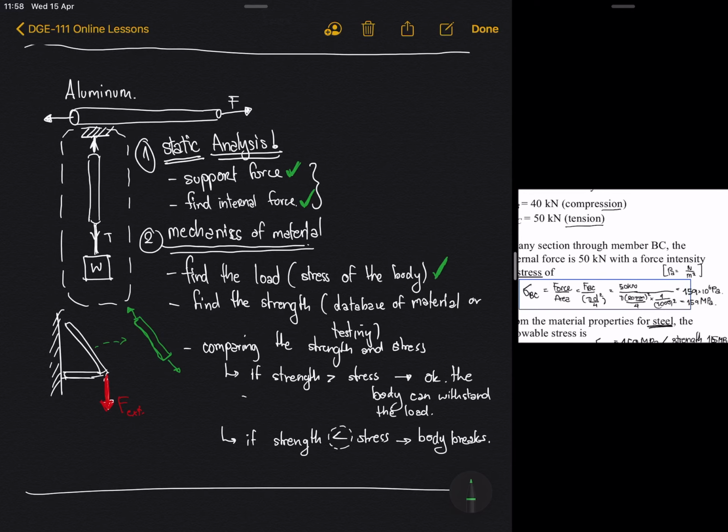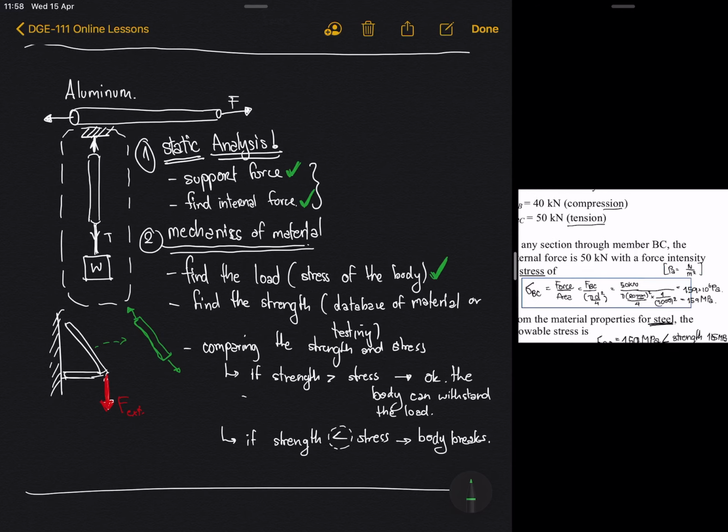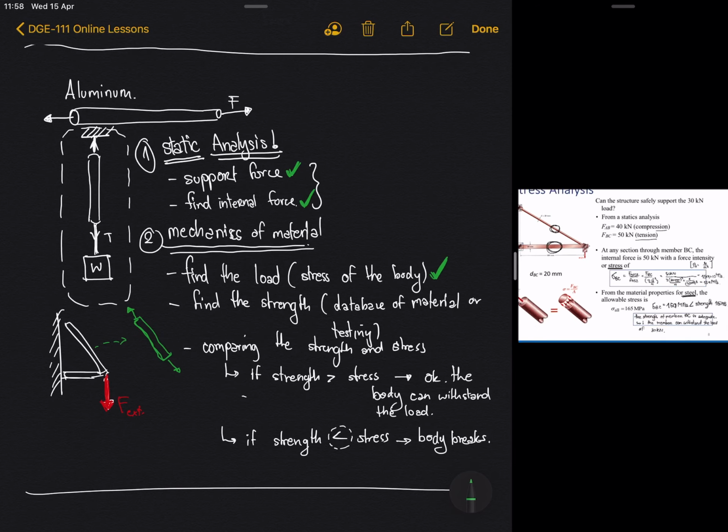And then the strength. We have the strength given by the problem already, but normally we get the strength from a database. For example, you can search on the internet for the tensile strength or ultimate strength of stainless steel, steel, or aluminum. They have this kind of strength data available already.